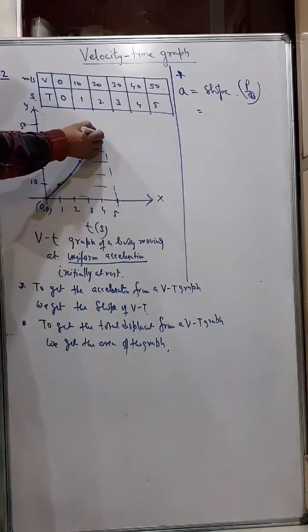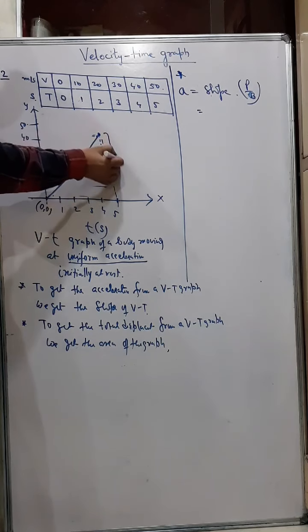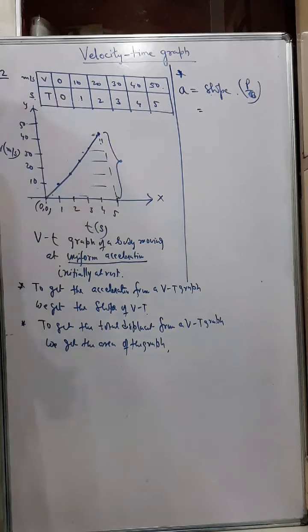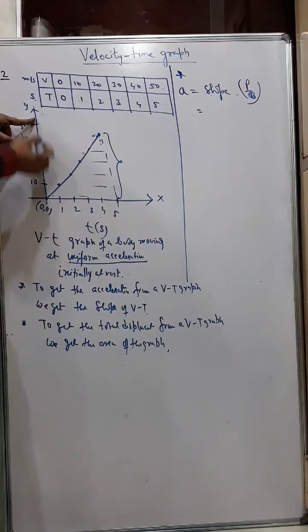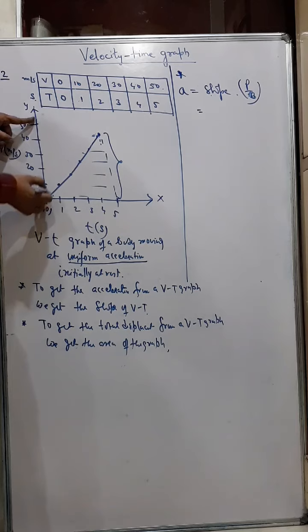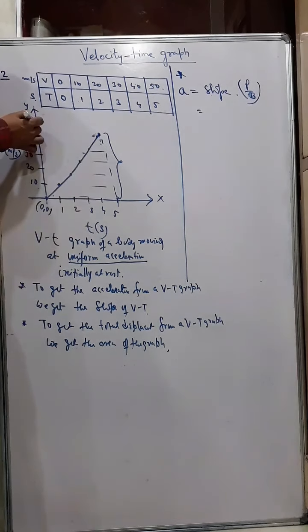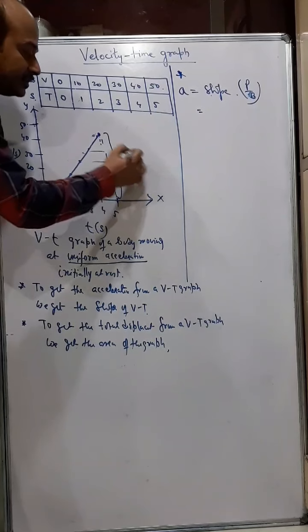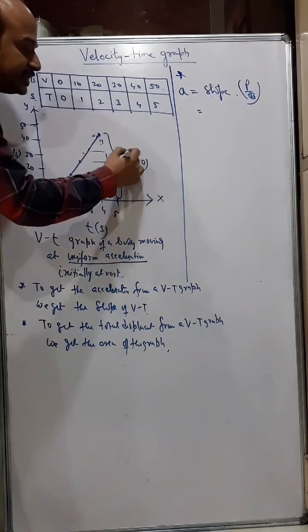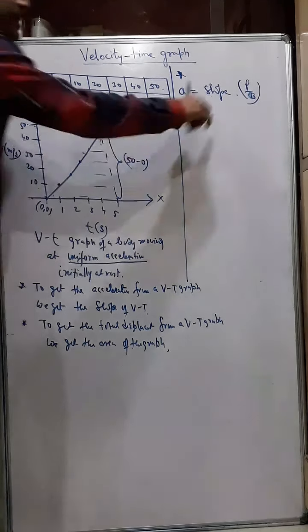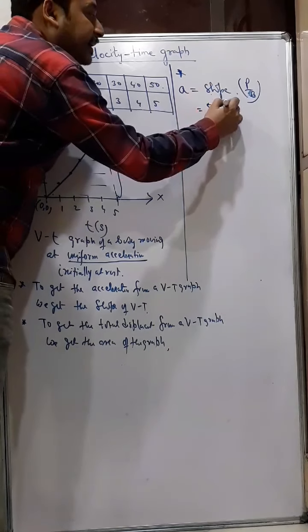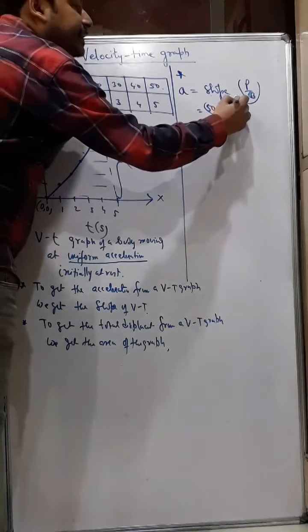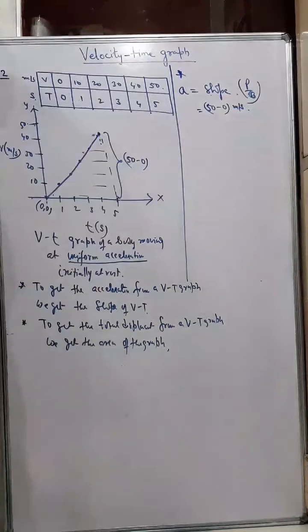So here you can see that for this length, the final velocity is 50 and the initial velocity is 0. So this length will be 50 minus 0. In the perpendicular I will write 50 minus 0, and that is meter per second.